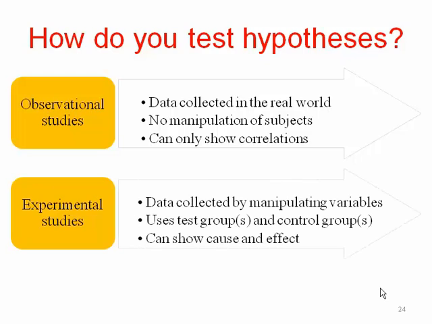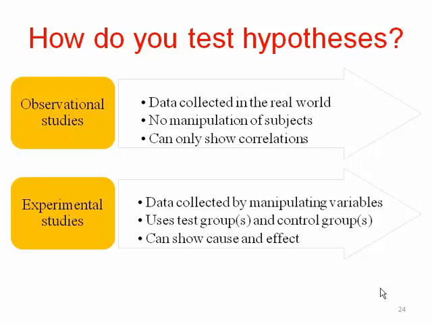Conversely, you can have an experimental study, and this is probably something you may be more familiar with through laboratory exercises or earlier general education science training you may have had. You collect data by manipulating variables. You apply different amounts of light to plants to see how they grow or don't grow.